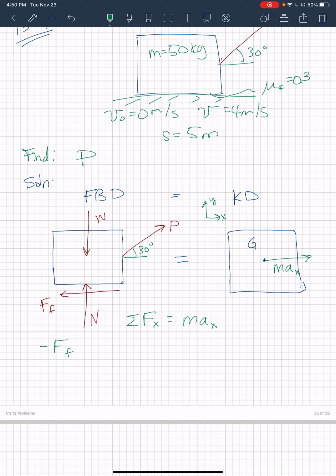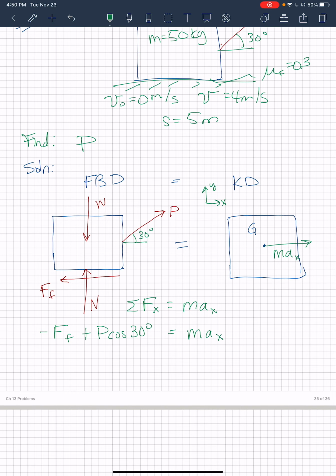So negative F of friction plus P cosine of 30 degrees equals m a_x. So the force of friction is going to equal mu sub k times N, so it's negative mu sub k times N plus P cosine of 30 degrees equals m a_x.